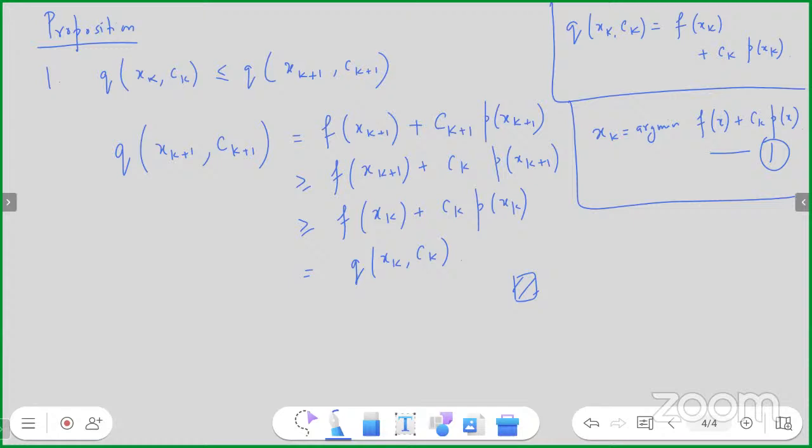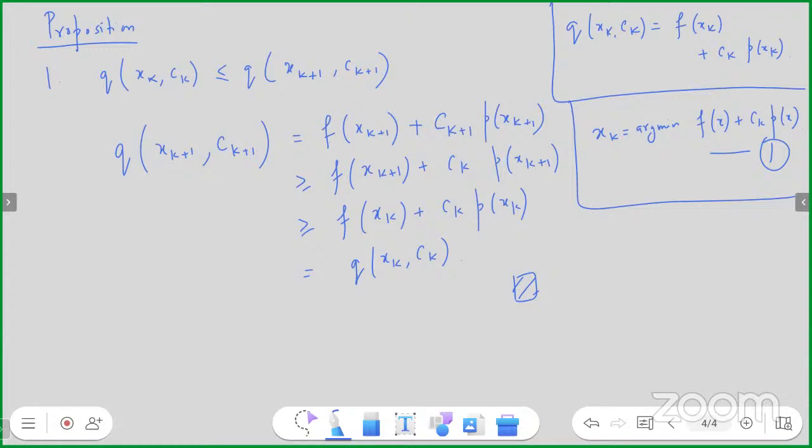What should happen for an algorithm which is doing the right thing? Exactly. If your algorithm is doing the right thing, the penalty should decrease. So now how do we prove that? It's in fact true. The definition of P of x k is clear, right? x k is this, and P of x k is nothing but the evaluation of this on P.